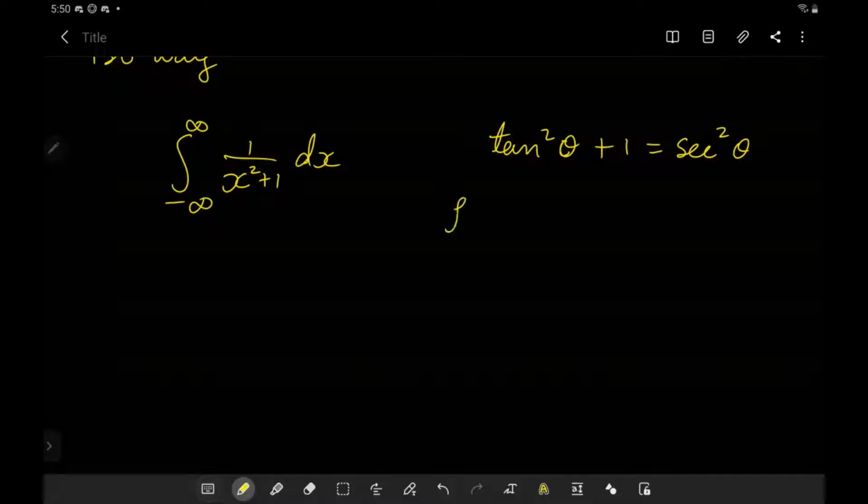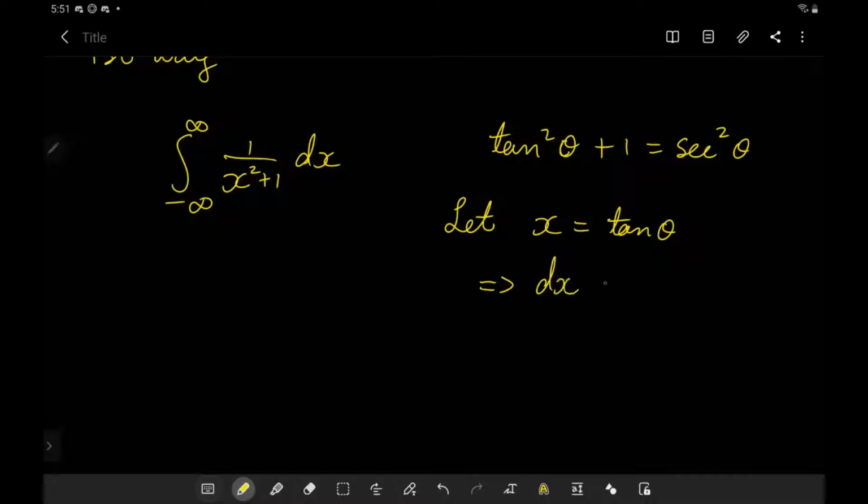We're going to say let x equal tan theta, which would imply that dx is equal to sec squared theta d theta. That's from introductory calculus.